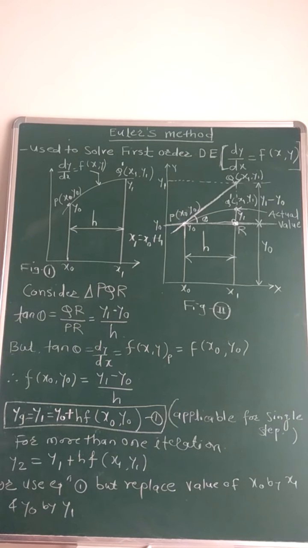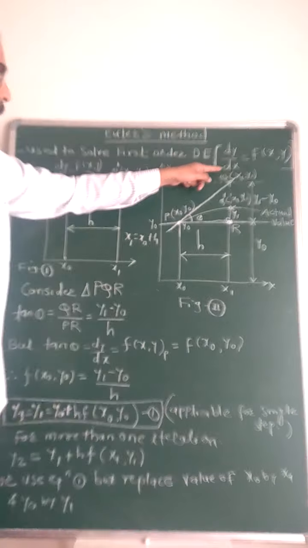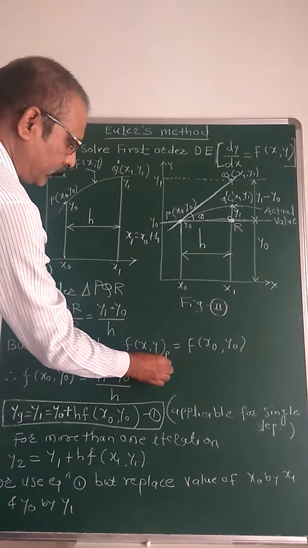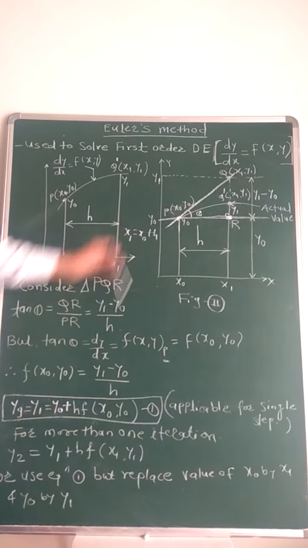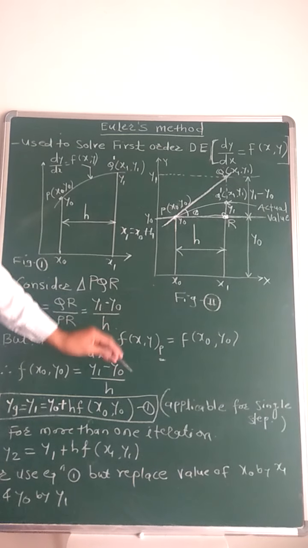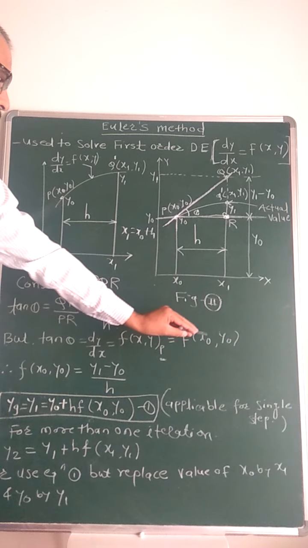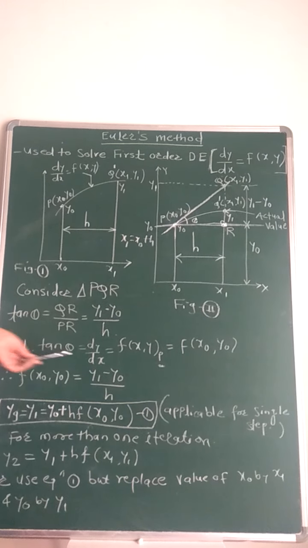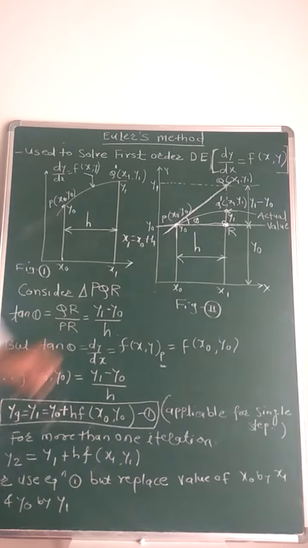But we know that tan theta is equal to dy by dx is equal to f of x, y at point P, and coordinates of point P are x0, y0. Therefore it becomes f of x0, y0. Therefore tan theta is equal to f of x0, y0.